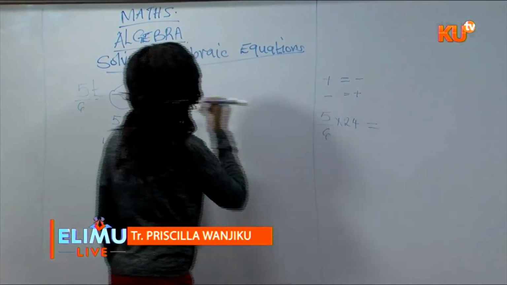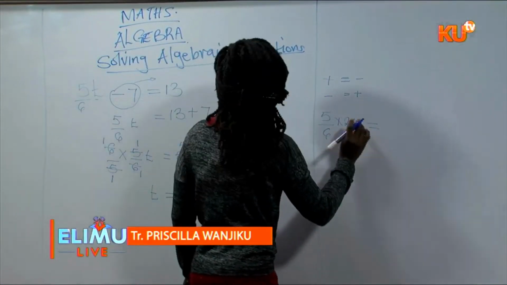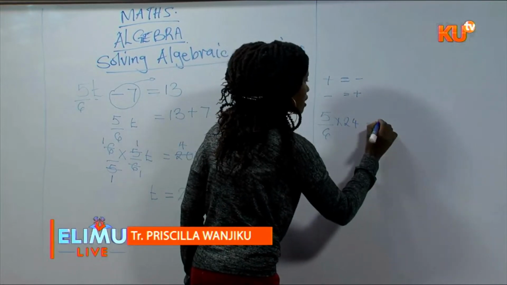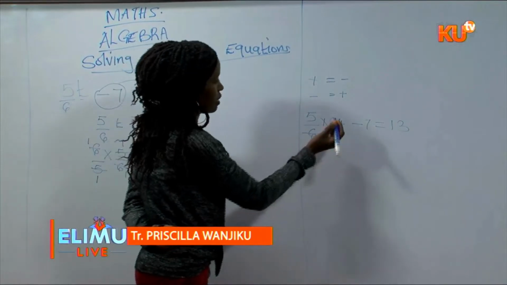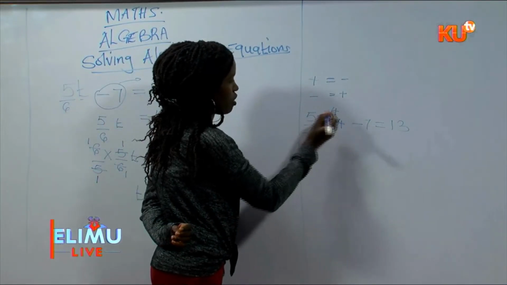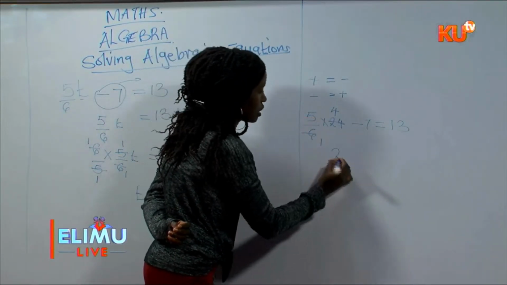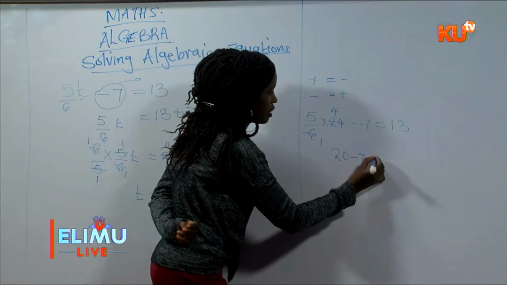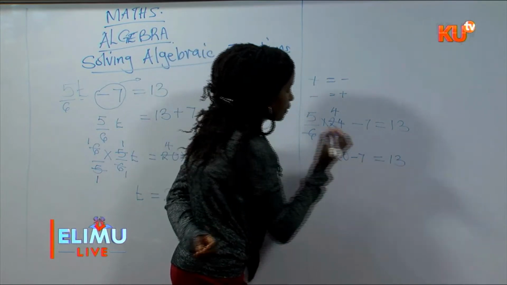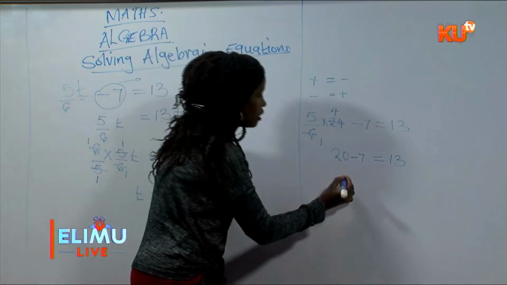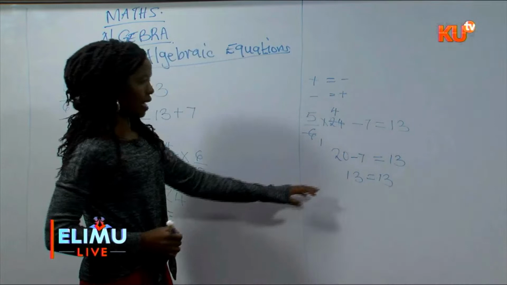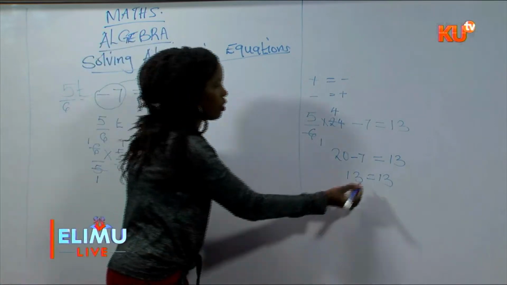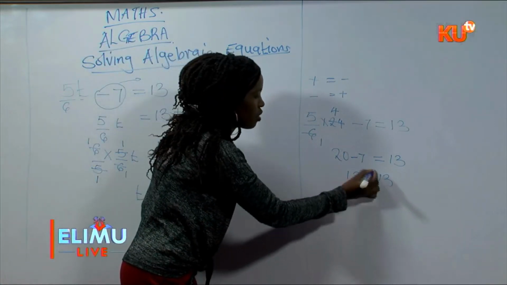After I subtract 7, I should get 13. So 6 divided by 6 is 1, 24 divided by 6 is 4. 5 times 4 is 20, minus 7, I should get 13. So 20 minus 7 is 13, is equal to 13. So it is an equation that is equal. That's why we have the equal sign.